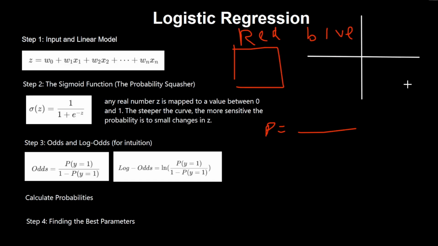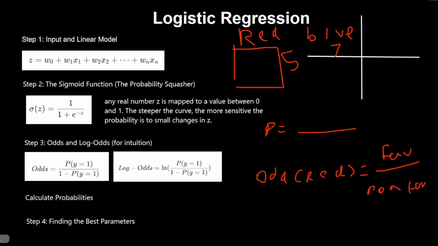Now let's say we need to calculate the odds of the favorable outcome, where we pick the red ball. The formula is simple. It's the number of occurrences of the favorable outcome by the non-favorable outcome. What's the non-favorable outcome here? It's the blue ball.